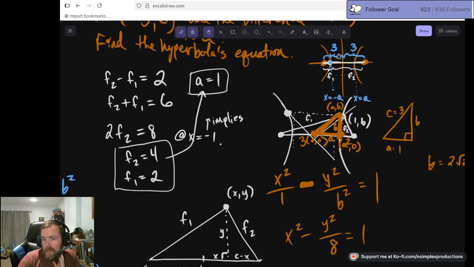Okay, then we said that we're going to get this particular setup if we draw a triangle between any particular point. That's not true. Okay, we drew a line from the center at 0, 0 out to the leading edge, our vertex, which was at a, 0.